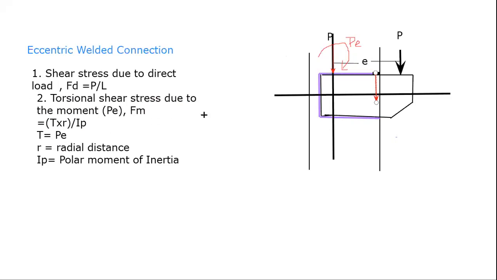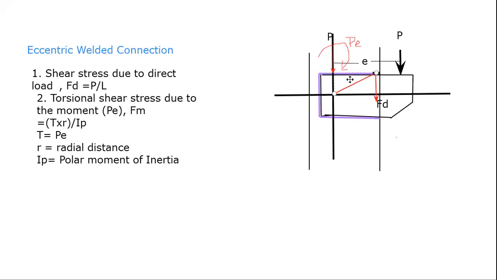And this torsional shear stress due to the moment, Fm. First let me give the annotation FD. The second shear stress, which is the torsional shear stress, will be acting perpendicular to the radial direction. Now what is the radial direction?